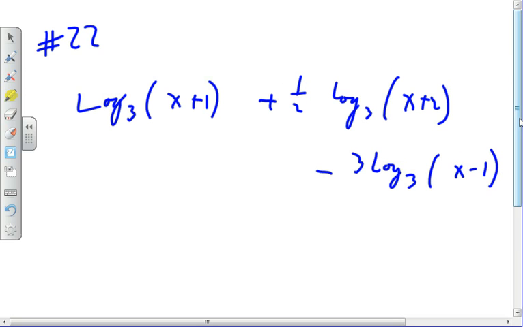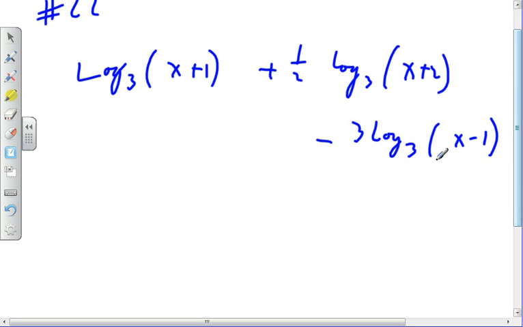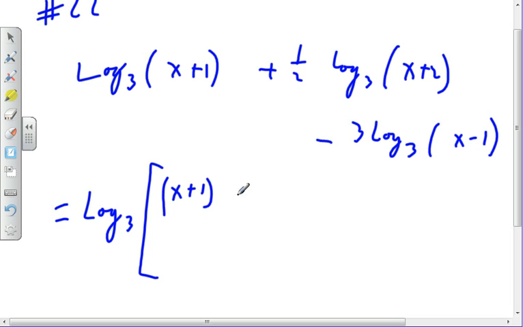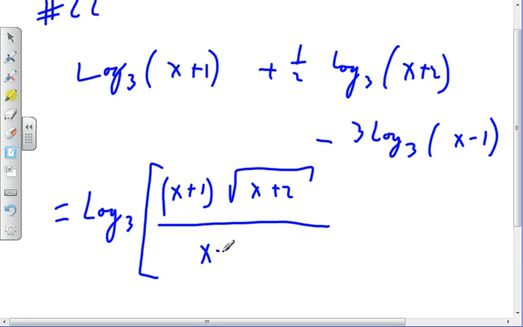Okay, now all the logs are base 3, so we can put it inside one lousy log, which is what we're supposed to do. Put a bracket down. So I've got x plus 1 times the square root of x plus 2, divided by, because I got a negative sign, x minus 1 cubed. I'm all done. I did it in one line.